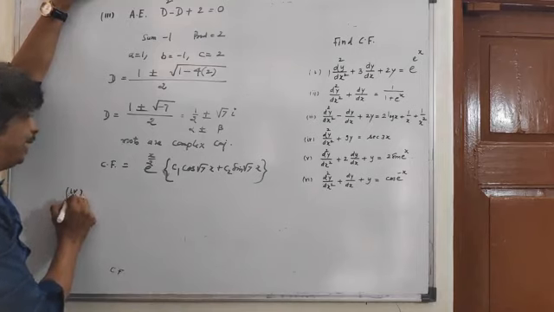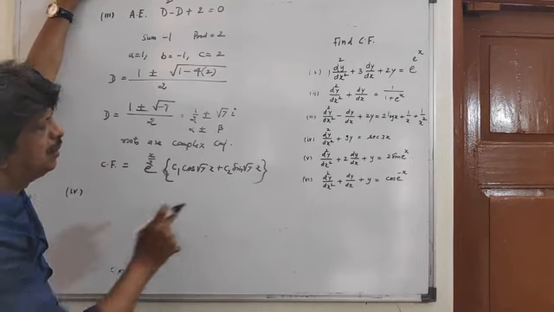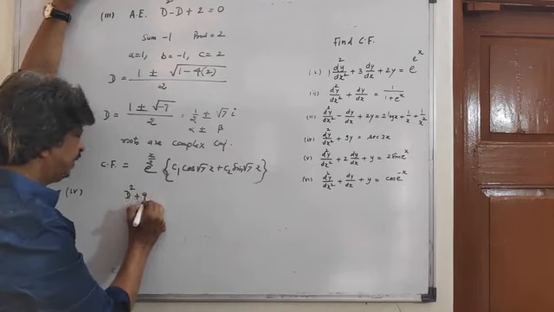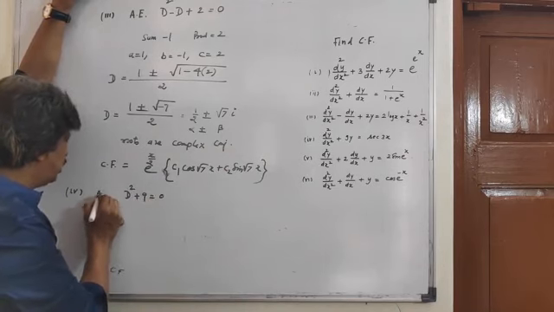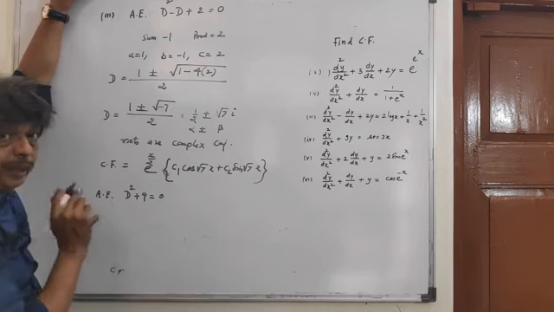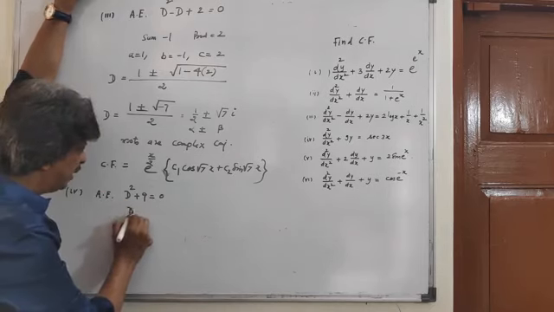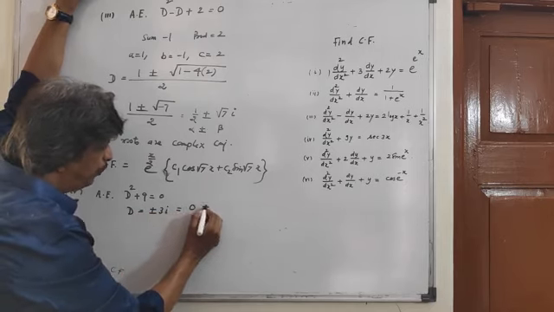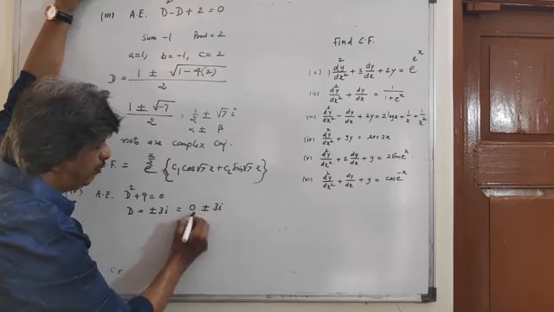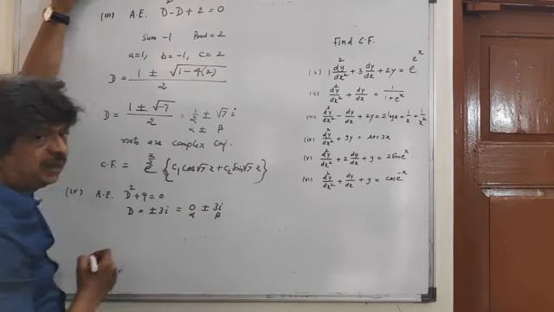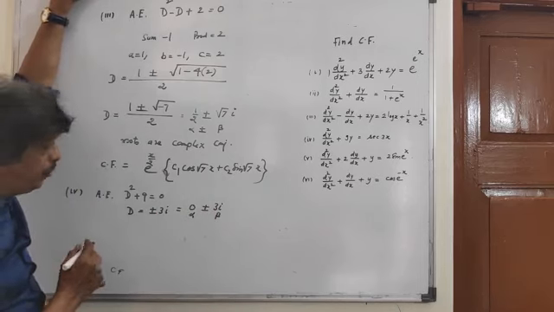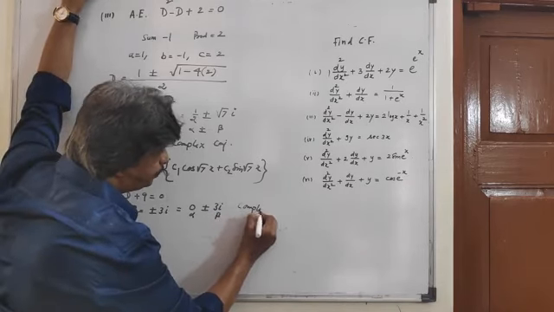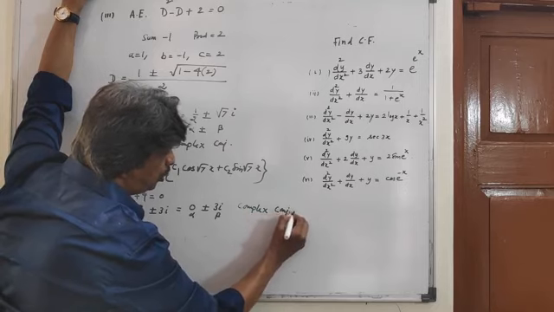Again, the fourth one I am directly writing as D² + 9 = 0 as its auxiliary equation. The roots of this auxiliary equation are ±3i, that is 0 ± 3i. So alpha is 0 here, beta is 3 here. So in view of this, again complex conjugate roots.